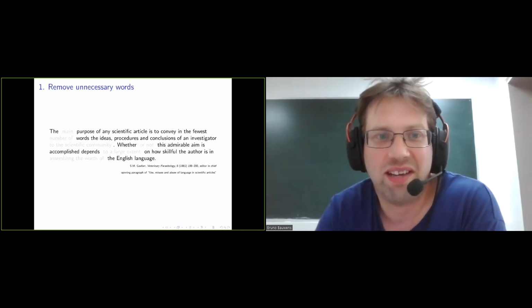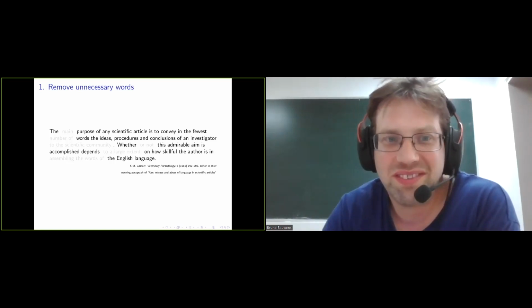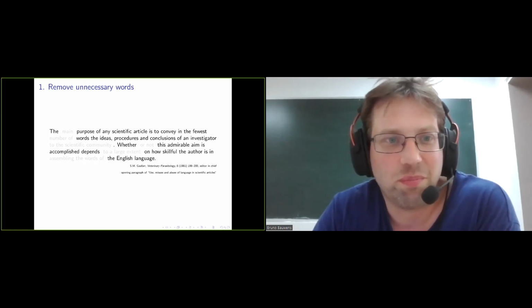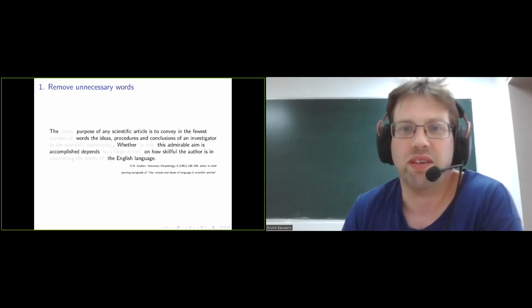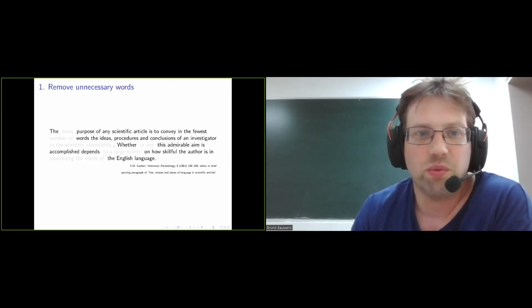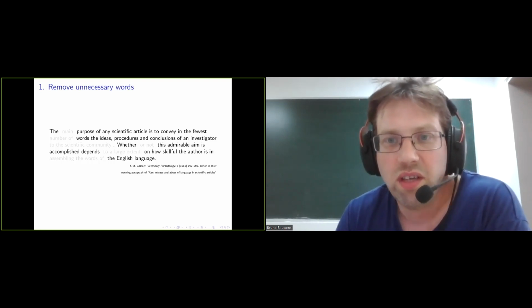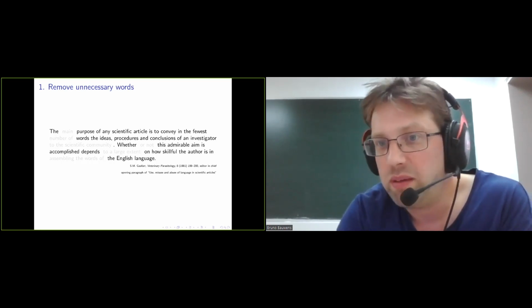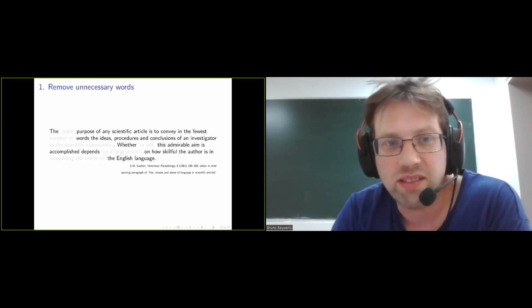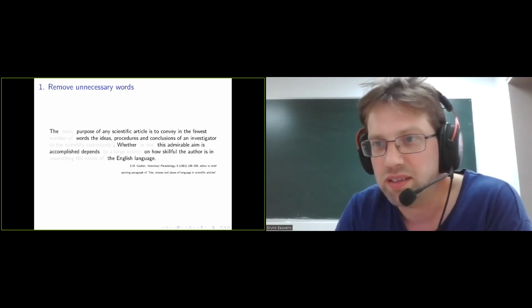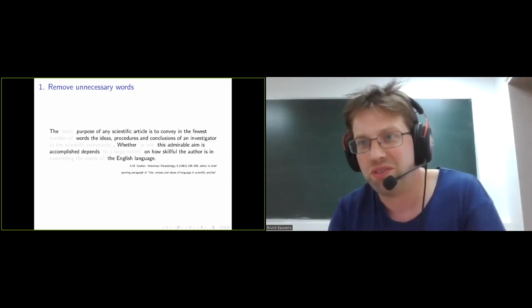A lot of words can just be dropped. So here is a proposal: the purpose of a scientific article is to convey in the fewest words the ideas, procedures, and conclusions of an investigator. Whether this aim is accomplished depends on how skillful the author is in English. And it can even be much shorter.